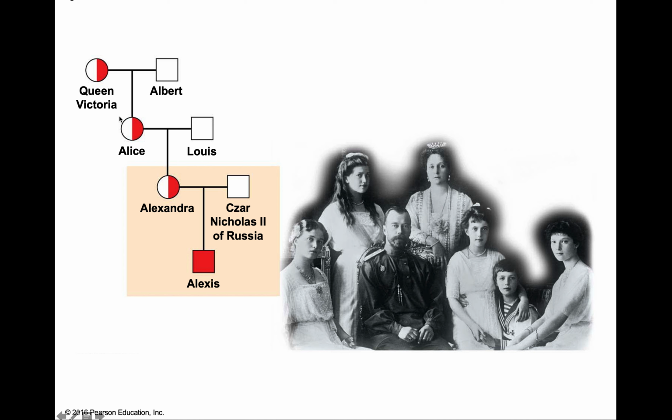So Queen Victoria, Alice, Alexandra, these were all females, carriers, and then we had a boy that actually has hemophilia. So there is a relationship between Prince Henry and the other brother prince there that actually does have a chance of having hemophilia in their family. Okay, next slide.